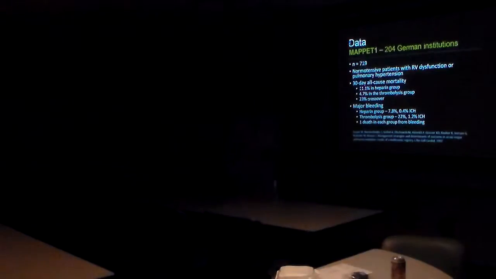That did not reach statistical significance. Clinically, it sure looks to be significant. It cut it more than in half. But with an N of 719, it's hard to say that it's underpowered. But I think it was only about 20 or 30% who received thrombolysis.